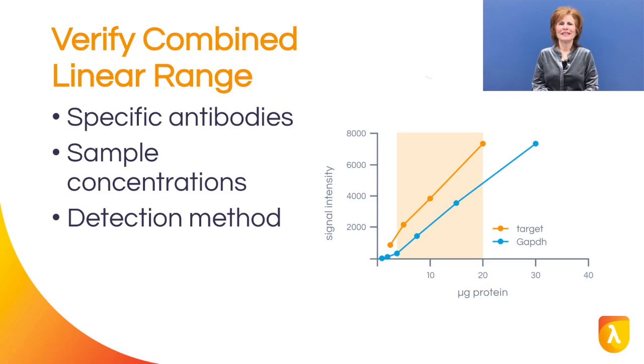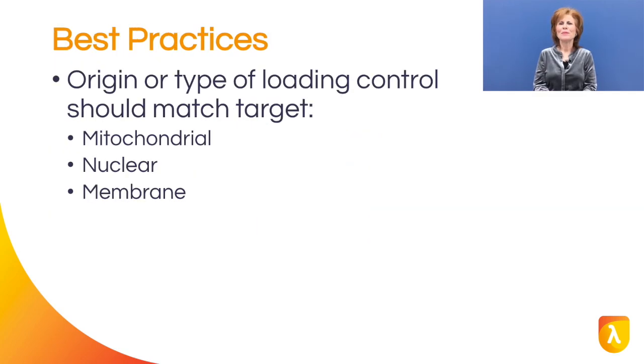For any normalization strategy you choose, you must verify that your internal loading control and target protein concentration are within their combined linear range using your specific antibodies, sample concentrations, and detection method. With housekeeping proteins, the type or origin of the internal loading control protein chosen should also match the target. For example, if the target is a mitochondrial protein, then the housekeeping protein should be as well.